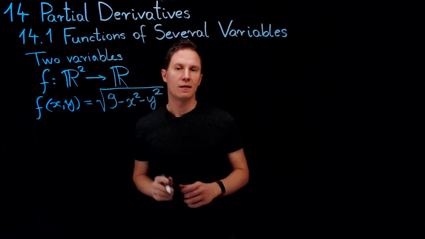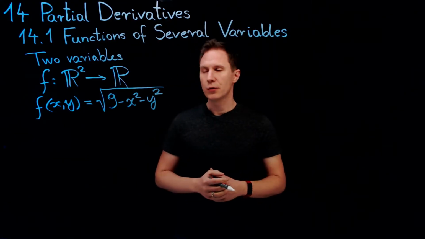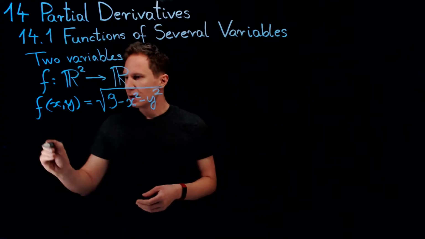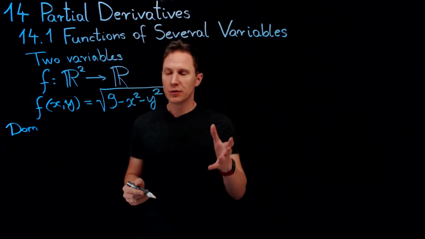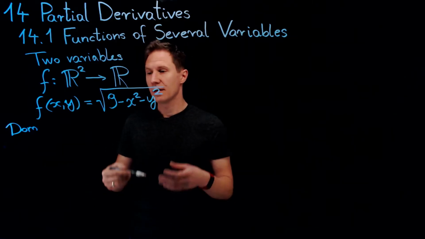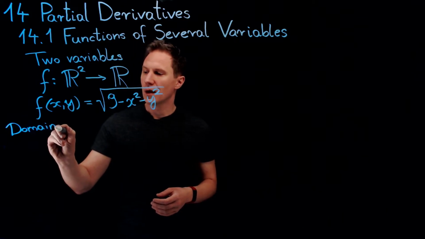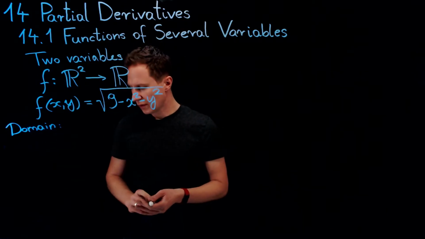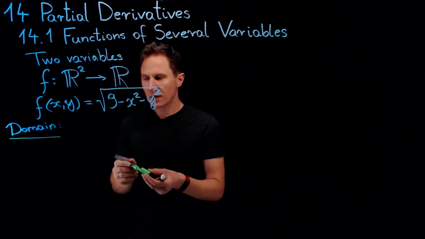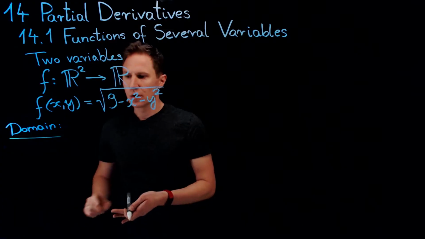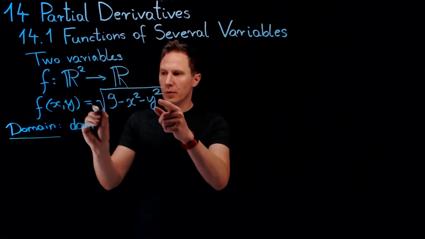So this is a function of two variables, and your basic notions of a domain or range of functions that you are used to from the single variable case nicely generalize to this case as well. So the domain of a function is the set of all possible xy pairs. So think of what it means in the case of this example.